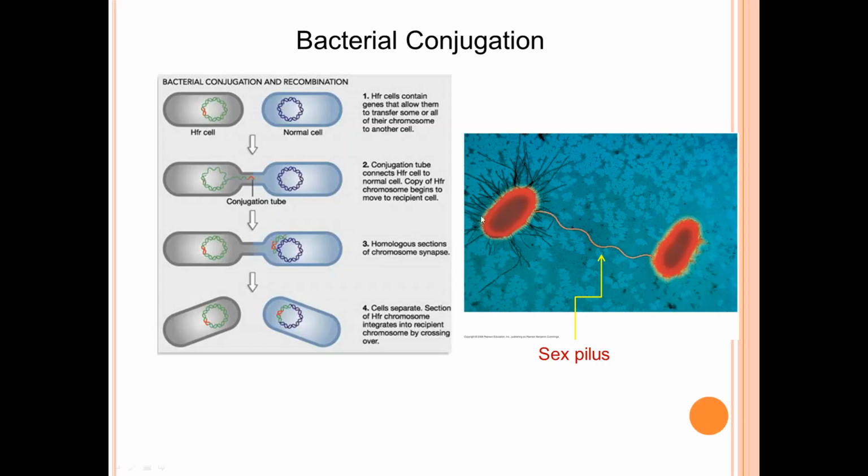And so what you see going on here is the donor cell, the recipient cell, and these right here are going to be the fimbriae, okay? This is your sex pilus, and so a small portion of the DNA that's been copied from this circular chromosome will move through that sex pilus. It will incorporate itself into the chromosome that's in the receiving or recipient bacterial cell.